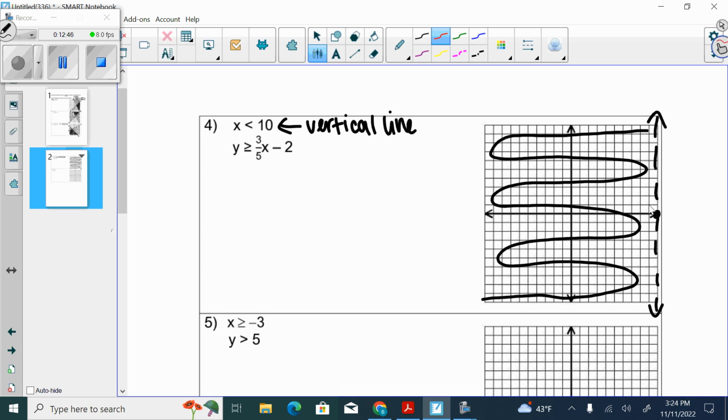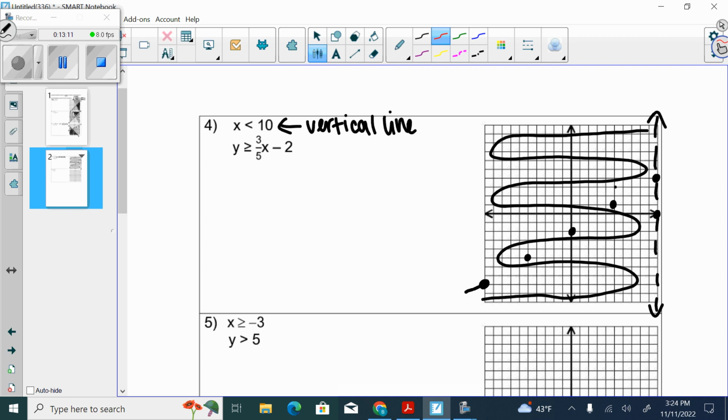Okay, for the second equation, where does that one start at? Good. And how do I move for the next point? Very good. All right, do we want a dotted or solid line to connect those points?